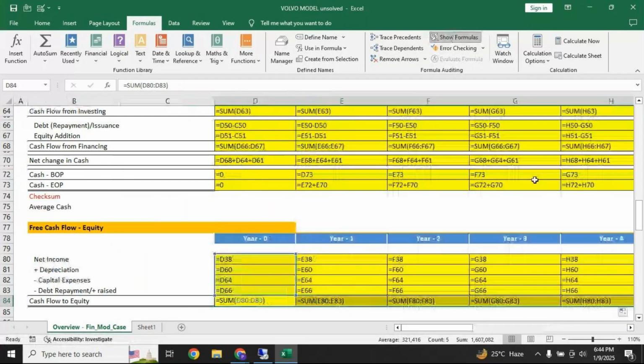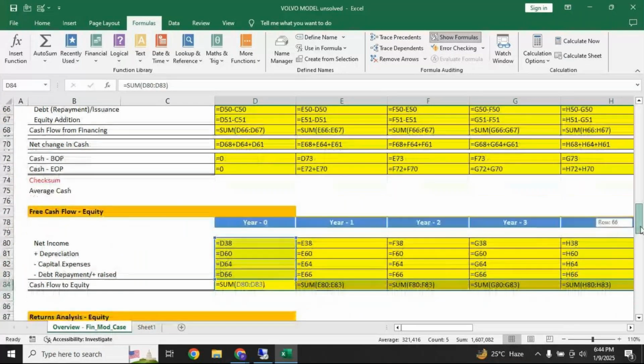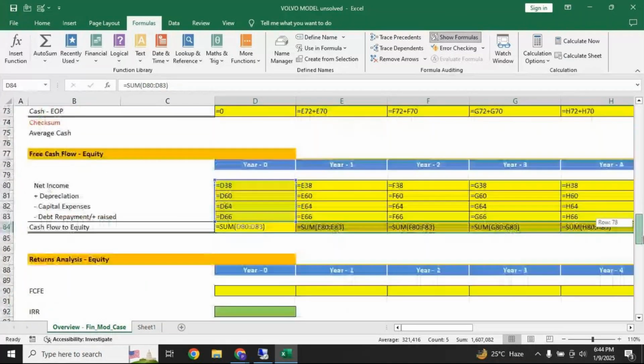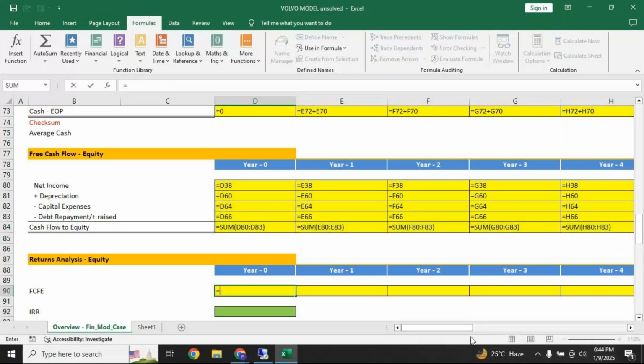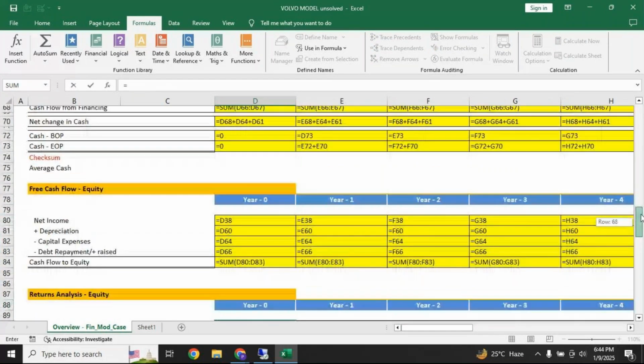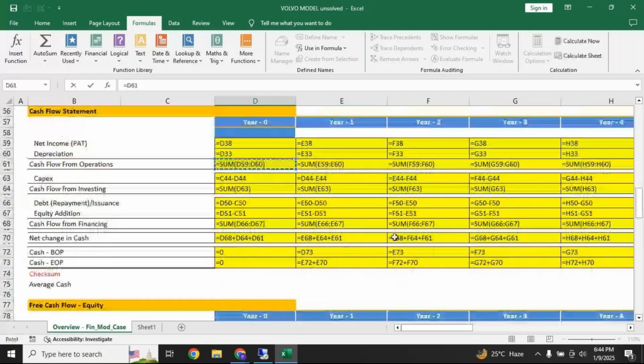So solve this free cash flow. Here it will be equal to cash flow from operations plus cash flow from investing plus cash flow from financing.